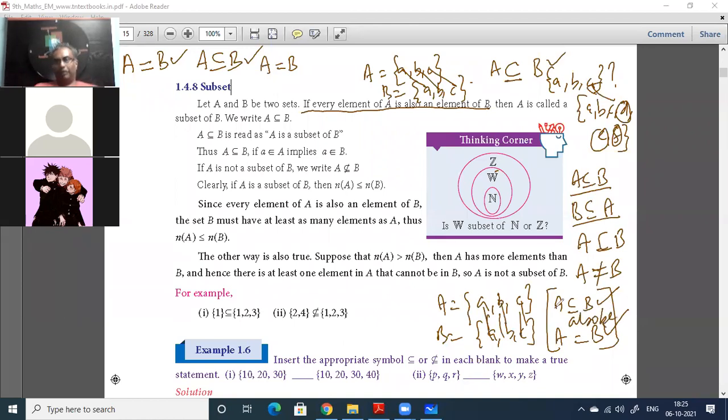But in most situations, only A subset of B will be true and A equal to B will not be true. So you should be careful.